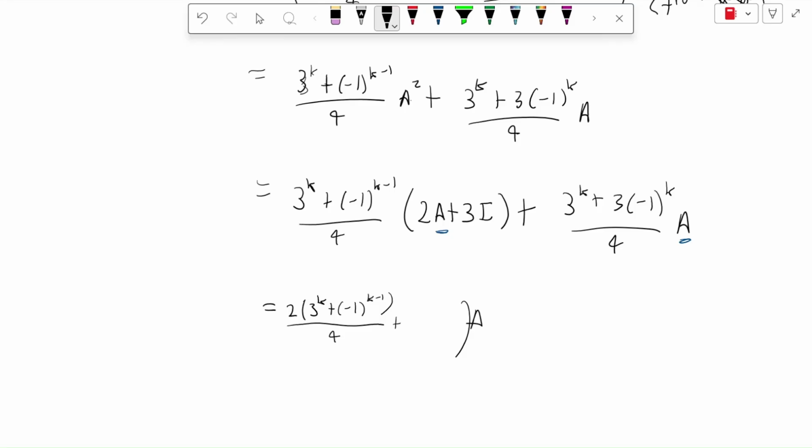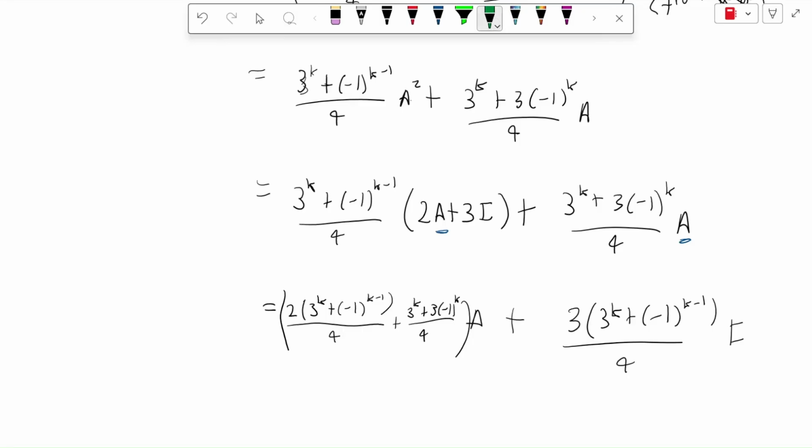And then this other A term that we had here, so that was (3^k + 3 lots of (-1)^k) all over 4, just like that. So that's the A term. The I term is going to be a bit simpler. It's 3 into (3^k + (-1)^k) take 1 all over 4I. And I will underline in green just so we got it all together.